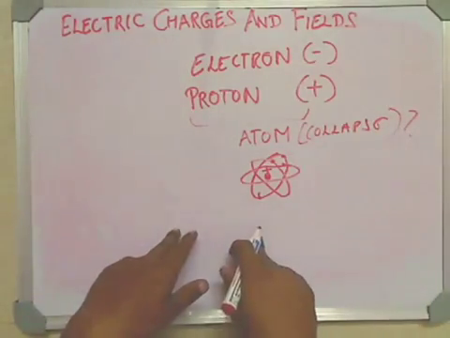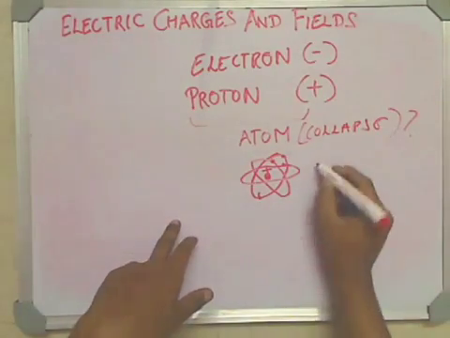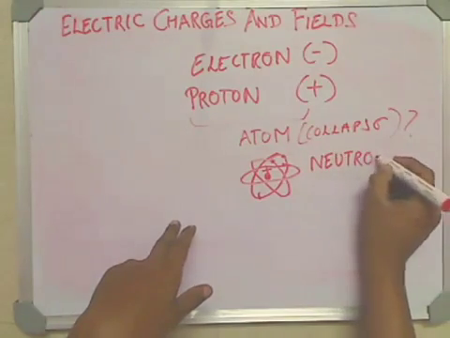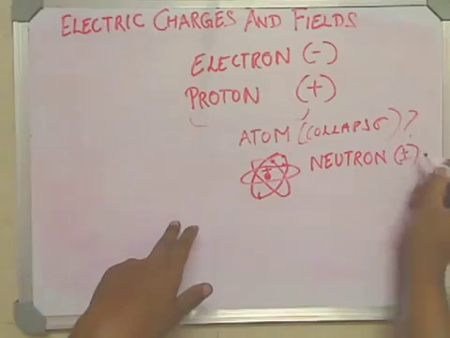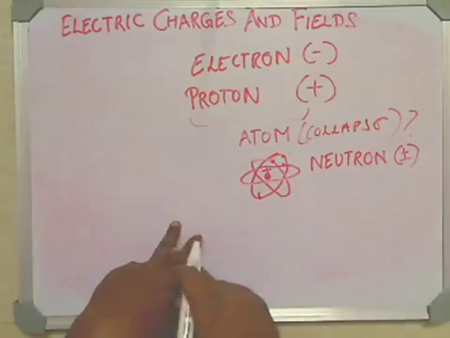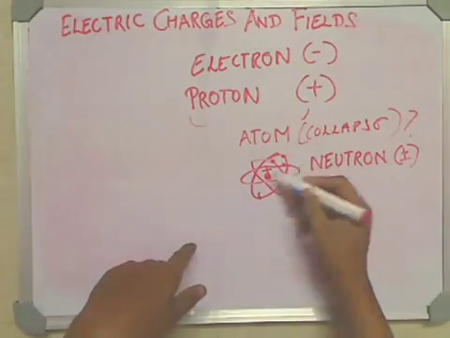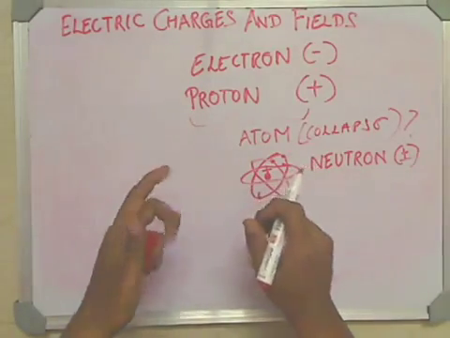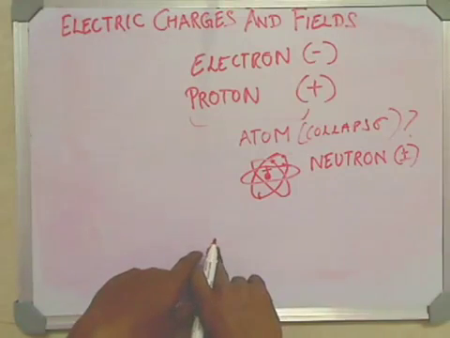We came across another discovery that in order to avoid the whole system from collapsing, you have another subatomic particle, which is the neutron. This has no charge whatsoever, and because it has no charge, it's able to bring balance to the atom. And this is the basis of how charges and all these concepts actually originate.